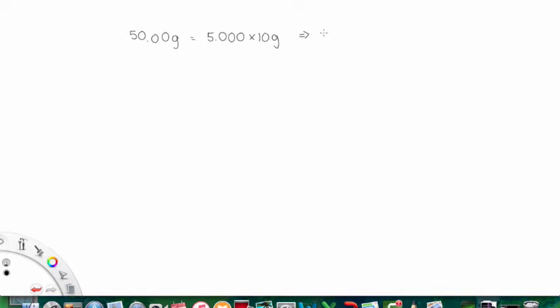This has 4 significant figures. On the other hand, if you have 0.00501 meters, we can rewrite this as 5.01 times 10 to the power of negative 3 meters. And thus, this has 3 significant figures.